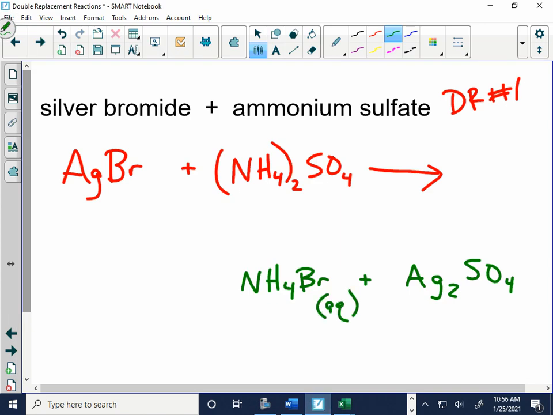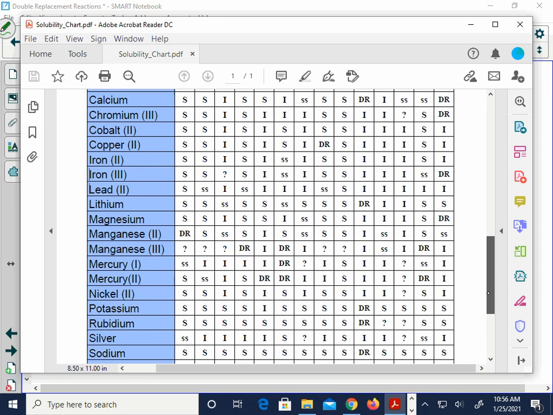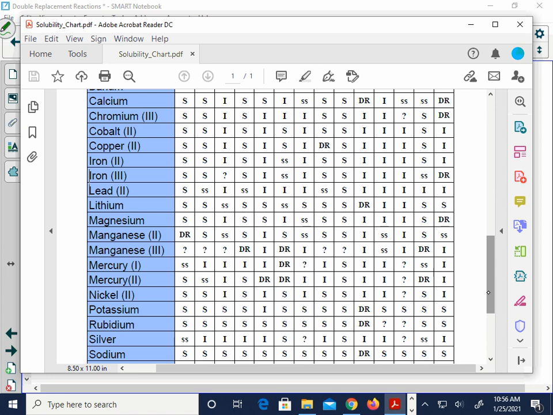It is soluble. Silver sulfate. My sulfate is the second to last one from the right. So where's my silver? There's my silver. It gives me an SS. Now, this SS tells me that it is what? Slightly soluble. If something is slightly soluble, it's very much insoluble, right?